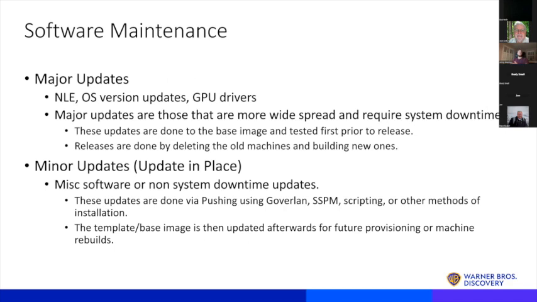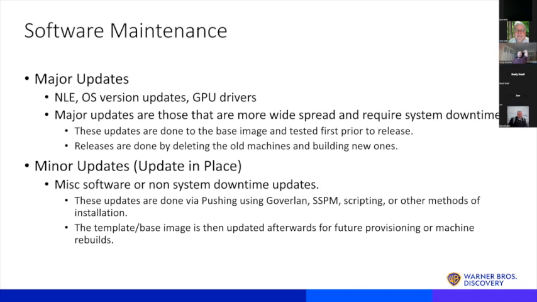We break down our software maintenance into two separate categories: major updates and minor updates. Major updates are those such as operating systems, Adobe 2023, 24, etc., and GPU drivers. These major updates are more widespread and they require system downtime.